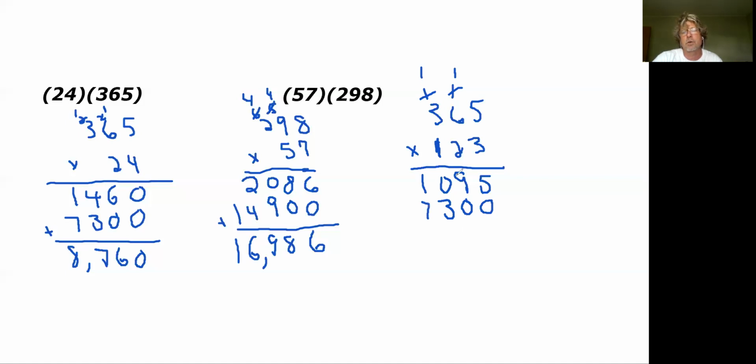Well, now I come to the 1. Notice the 1 is actually 100, so I have to put 2 trailing zeros in there for the 100, 2 placeholders. So then I can just go 1 times 5 is 5. 1 times 6 is 6. And 1 times 3 is 3. So actually I have 3 partial products that I have to add together. So it just becomes a longer and longer problem, but the process is basically the same.